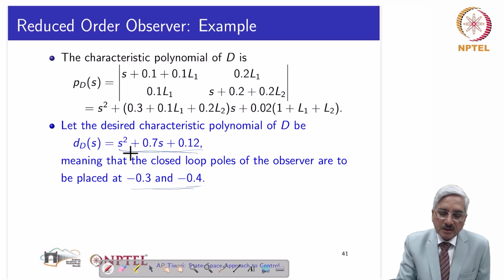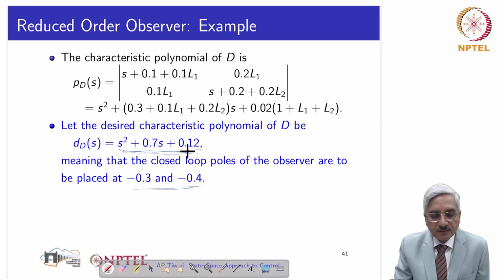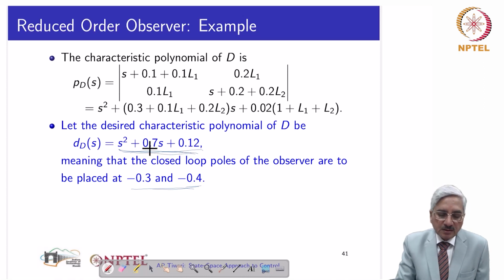That means this will be the characteristic polynomial. We want to have the matrix D with this characteristic polynomial. We have to obtain the gains L1 and L2 in such a way.